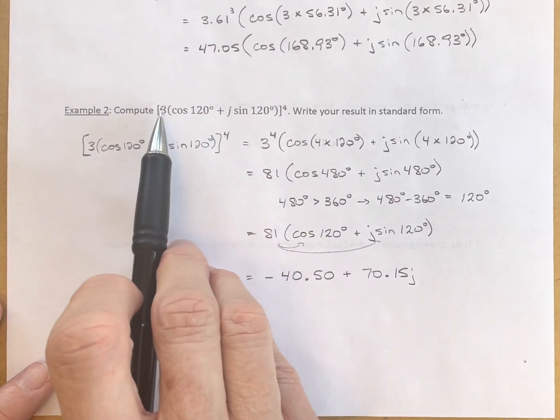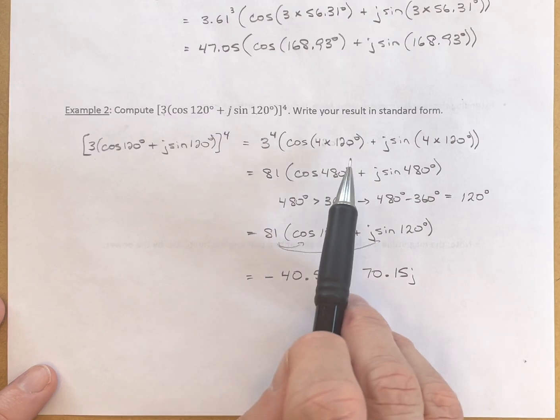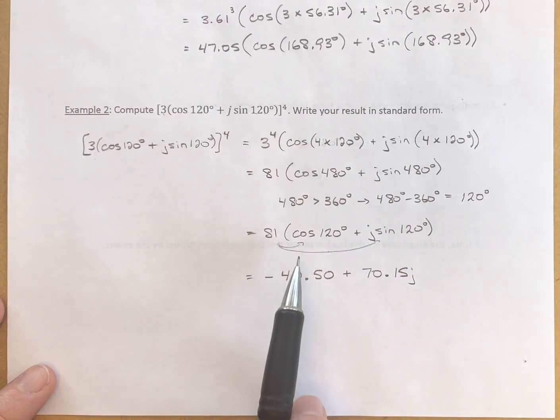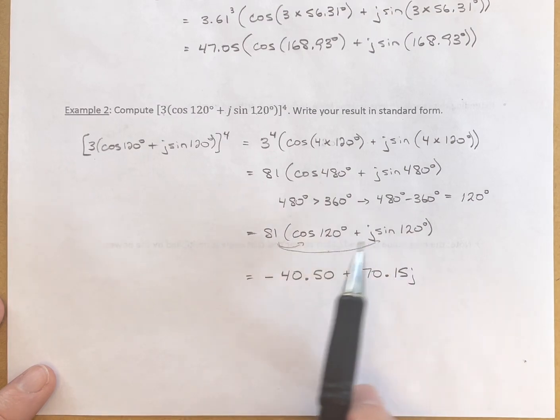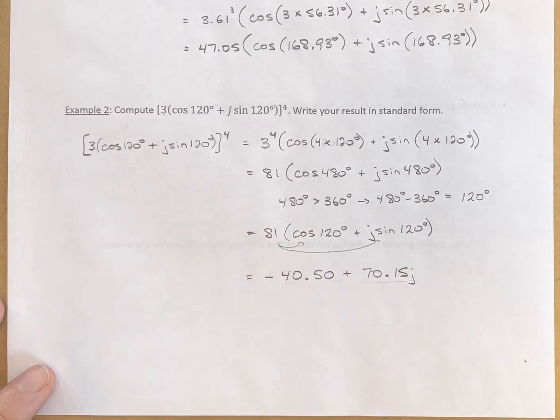So there we have this one, already in the form that our formula helps us with. So we just need to do the math, and then they wanted it in standard form. So once we came to the answer, we just distributed the 81 to come up with our answer in standard or rectangular form.